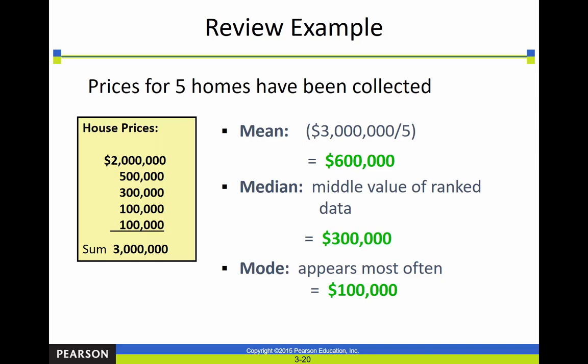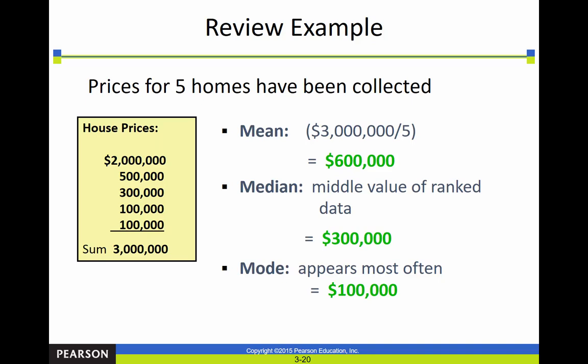So here's an example. 5 homes. To find the mean, we add all of them up. We divide by 5. That gives us a mean price, $600,000. To find the median, we find the middle value of the ranked data. So you can see they're in order. If there's 5 of them, we multiply that by 0.5, and we get index point 2.5.